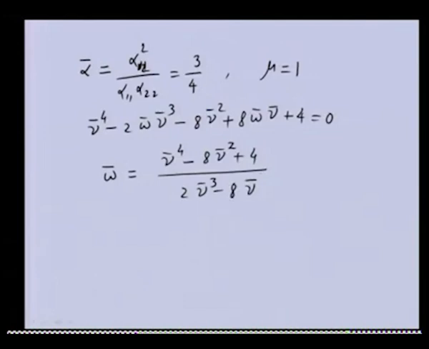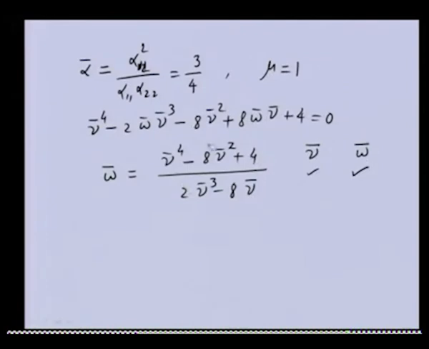Now, we can generate, for various values of nu bar, the value of omega bar. So, we can choose some value of this, and from this expression we can get the omega bar. So, there is no need to solve the polynomial.